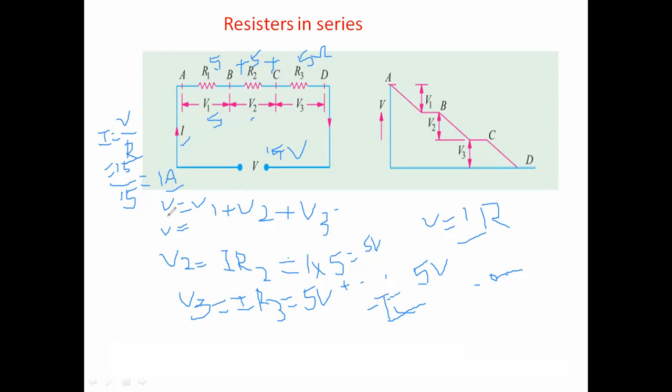That's why we can say the total applied voltage is equal to V1 plus V2 plus V3. V2 may be high, V3 may be low. The voltages V1, V2, V3 depend upon the connected resistance value.